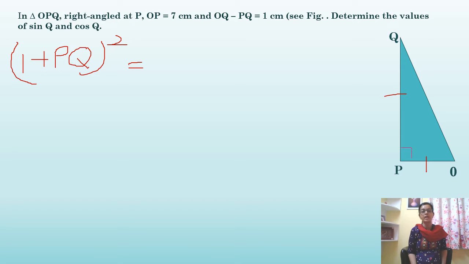What are those two sides? They are PQ squared and OP squared.